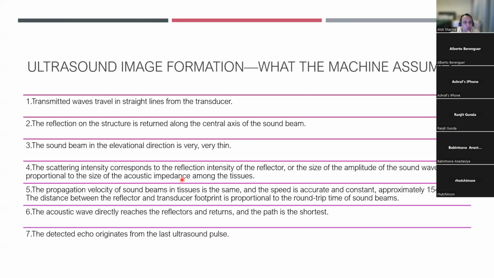Really what it assumes is that, depending on the density and the frequency of the waves you set out, this reflection will give you a certain intensity. It will give you a certain echogenicity. It also assumes that the distance that it travels through tissue is the same.